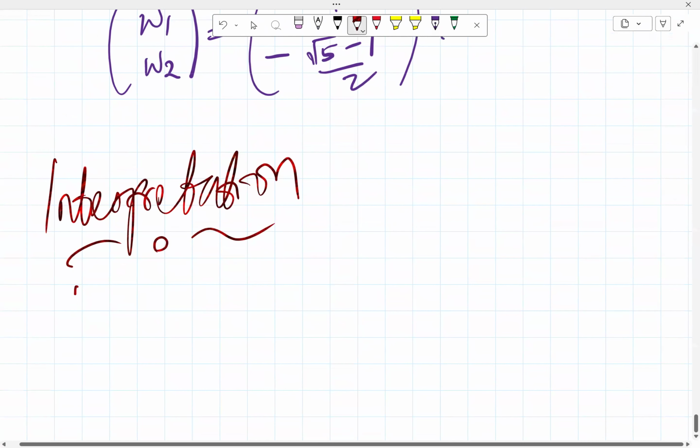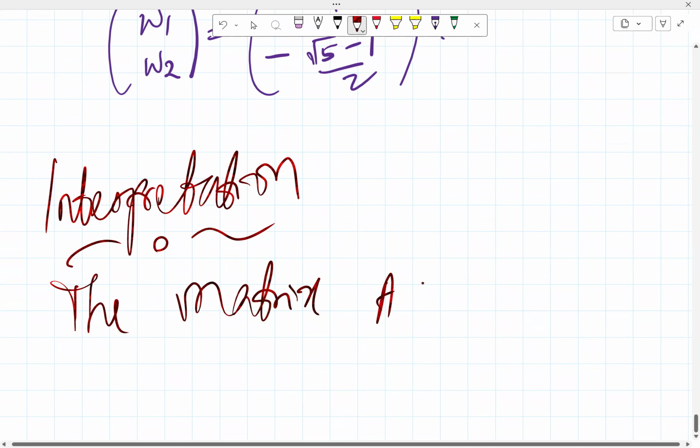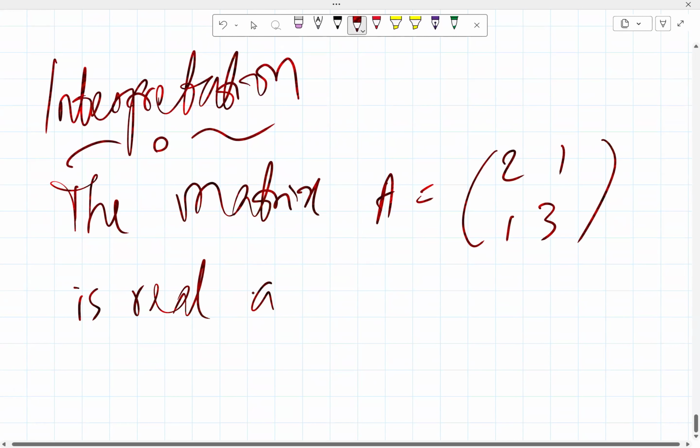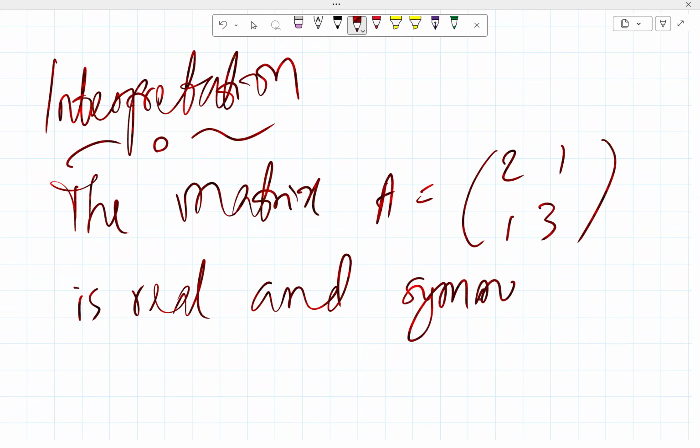So first of all, the matrix A equals 2, 1, 1, 3 is real. It is real and symmetric.